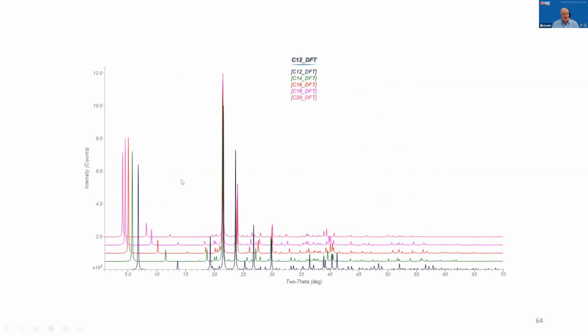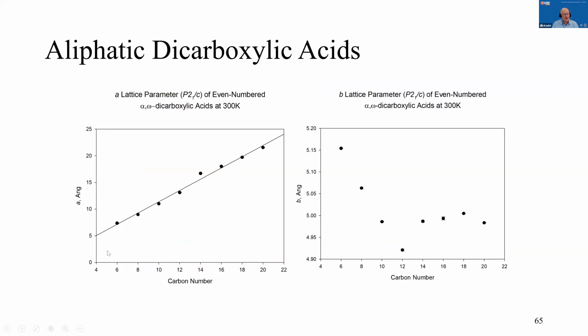And looking at the patterns, you can see the cell gets longer as the chain gets longer. And we have these kind of polyethylene features here, but the rest of it is not all exactly the same. There are subtle differences in the structure. And you could see some of that, whereas the cell along the chain gets longer with carbon number. Some of the other edges and angles show more interesting behavior.